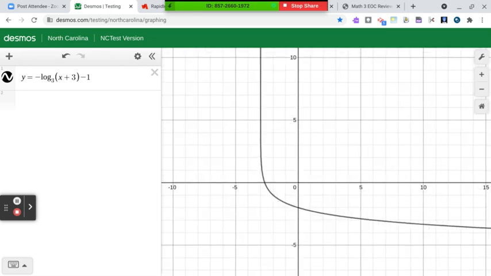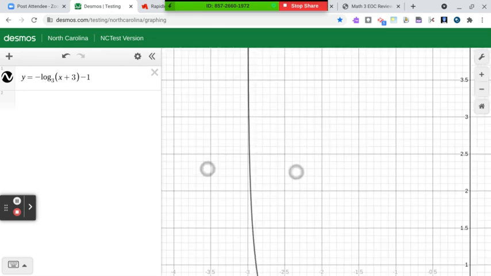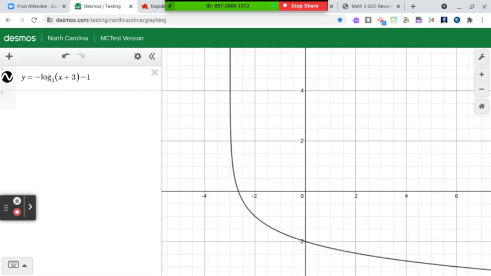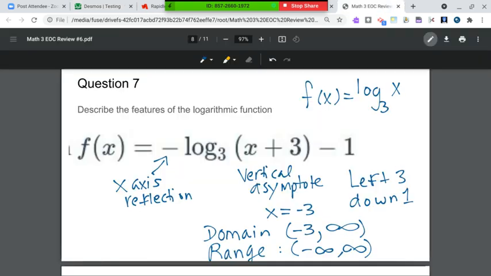Okay, there you can see the asymptote line gets really close to, but never touches or crosses, negative 3. Range, all real numbers, negative to positive infinity. Logarithmic functions always have all real number ranges.